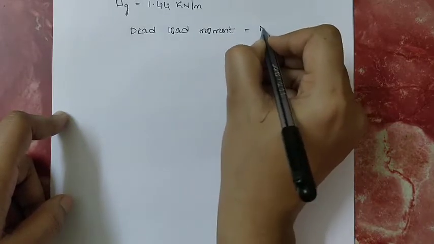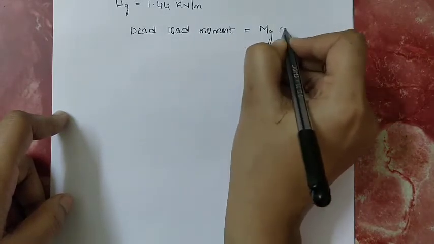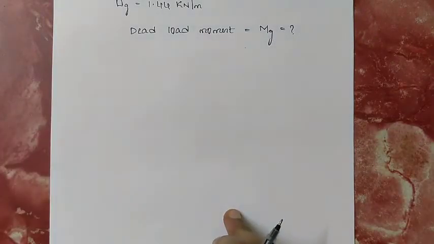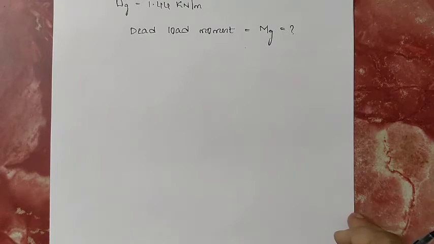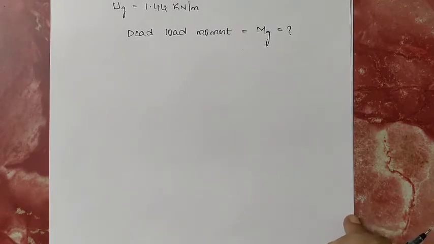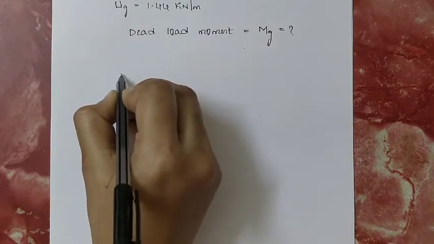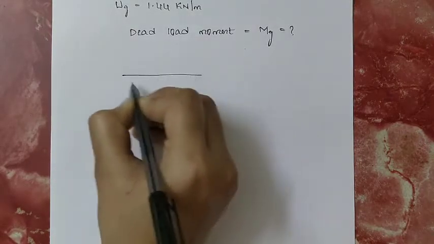Next you need to calculate dead load moment, that is MG. See what they've asked in the problem, at the quarter span section. At the quarter span section, the standard bending moment value is not there, you need to calculate it. As per basic procedure, write down the load diagram.